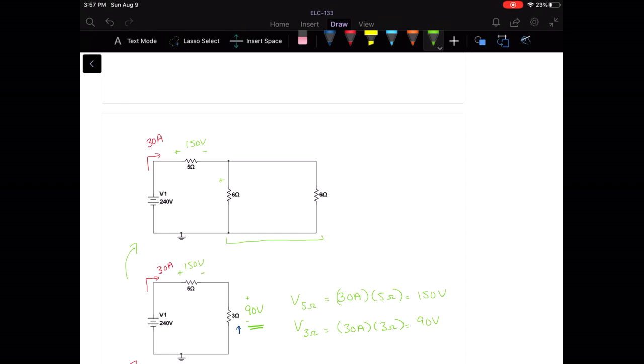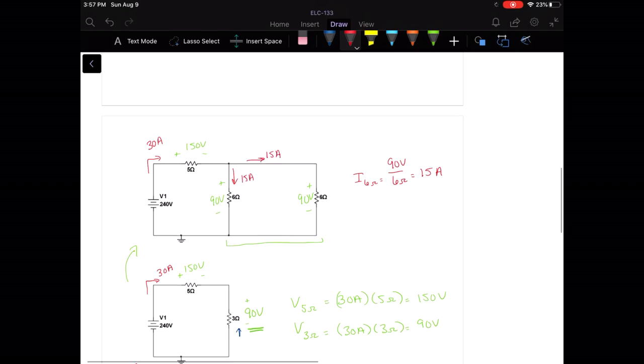So each of these should be 90 volts. And now that allows us to find our currents. So 90 volts divided by 6 ohms. That means that we have 15 amps, and they're both 6 ohm resistors, so that's 15 amps through each, and that's all we can do there.